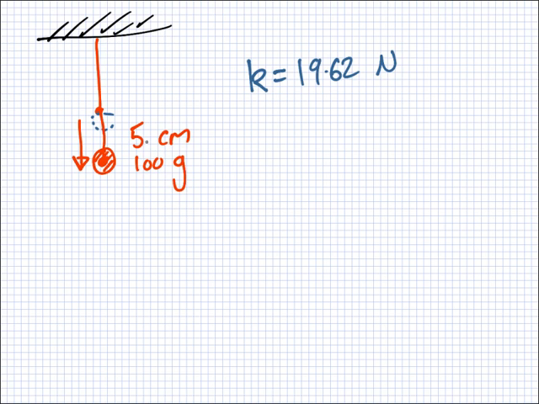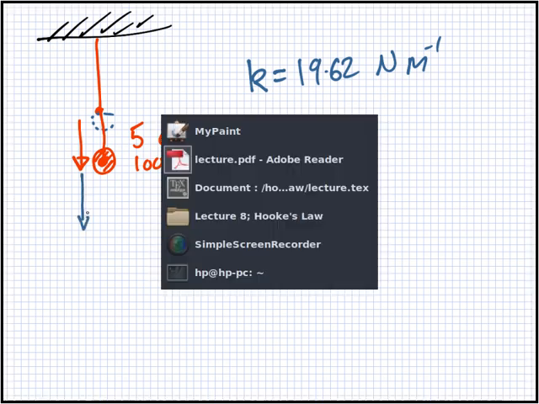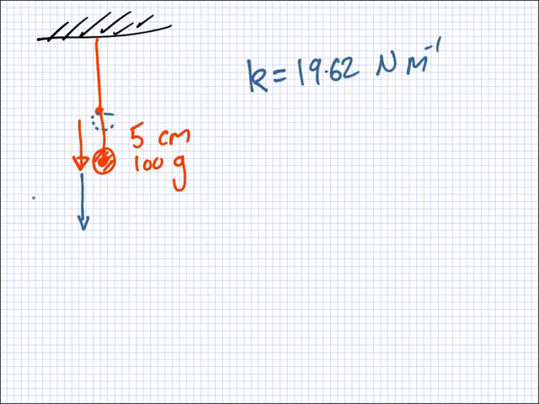Did you have the 5? Okay. It's 100 grams, so it's 0.1 kilograms. So that's 0.981 newtons.